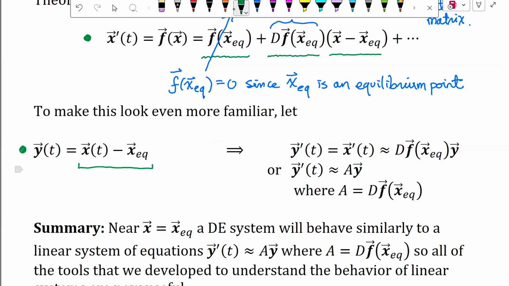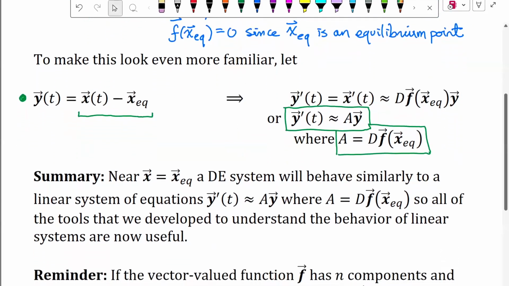We are effectively shifting the system back to having an equilibrium point at 0 or at the origin. Now, when we take the derivative, we can see that y prime can be approximated by a matrix A times the vector y, where that matrix A is the Jacobian matrix evaluated at that equilibrium point.